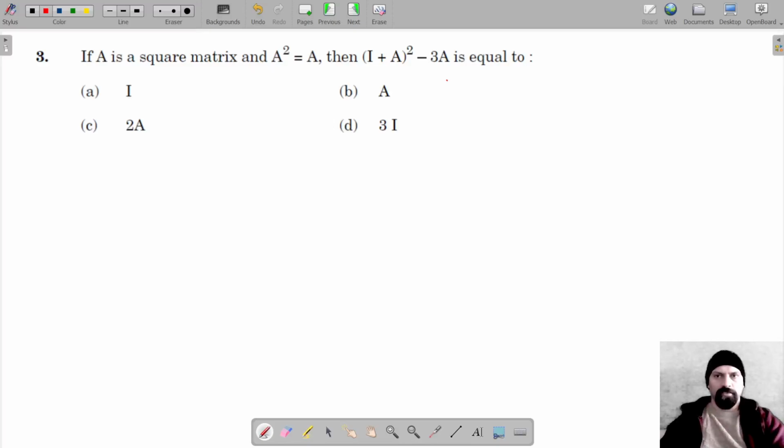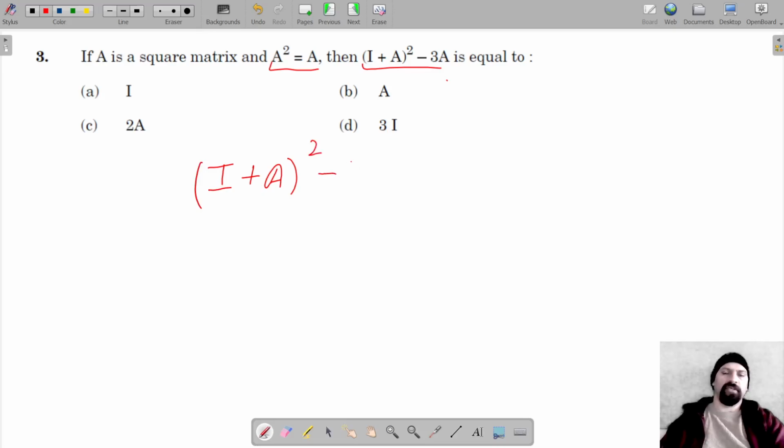Okay, for question number 3, we have A is a square matrix and A square is equal to A. Then what is the value of this? We have to find the value of the expression identity matrix plus A the whole square, negative 3A. So let's use an identity here, A plus B the whole square, which gives us A square, which is I square plus B square plus 2 into A into B, negative 3A.